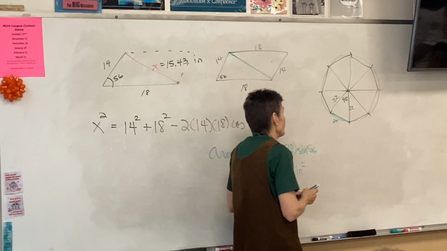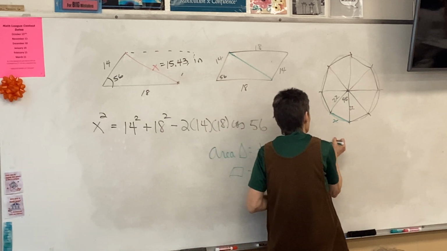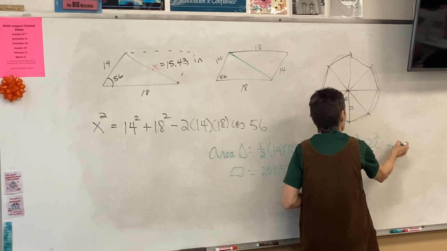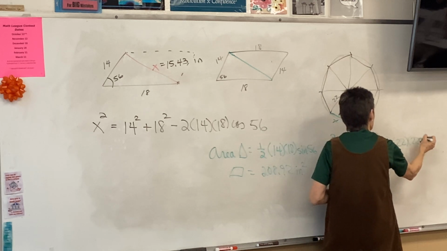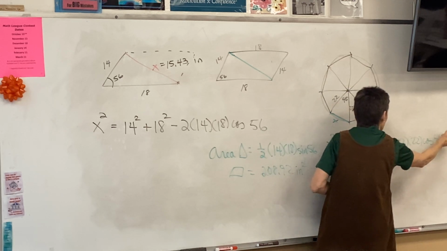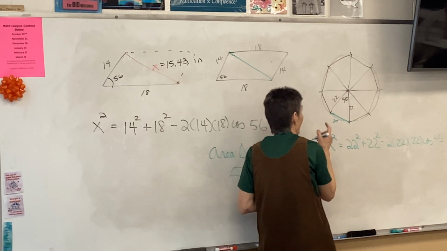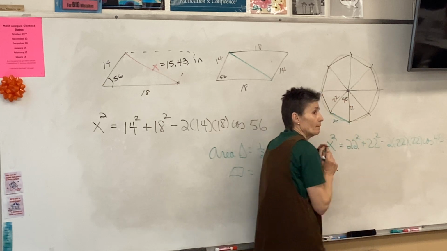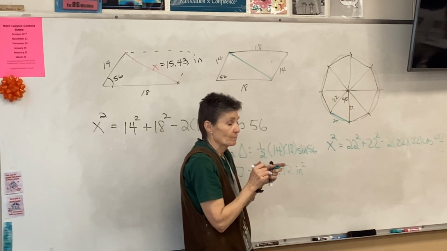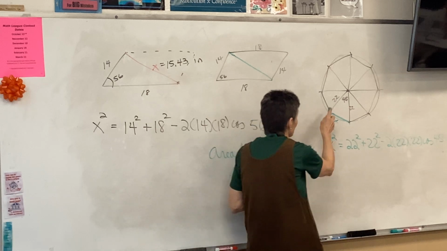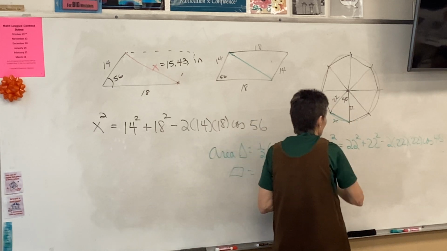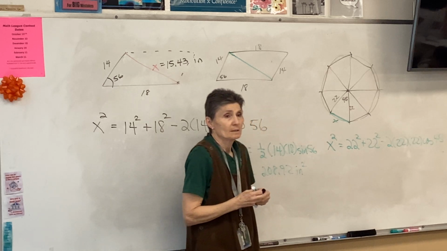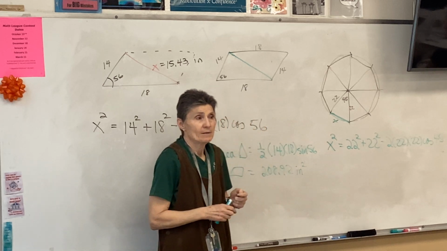What do you think for this one? Cosines. X squared equals 22 squared plus 22 squared minus 2 times 22 times 22 cosine 45. Why am I doing cosines? Because I don't have a pair. So I've got 2 sides, got my angle, type it all in.